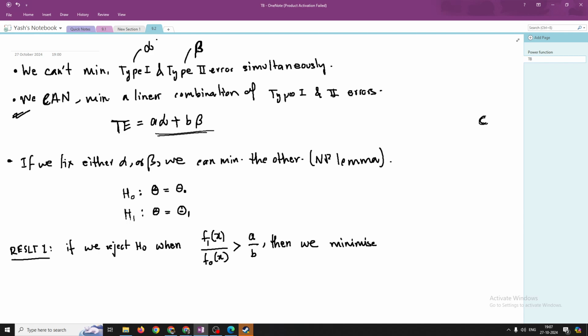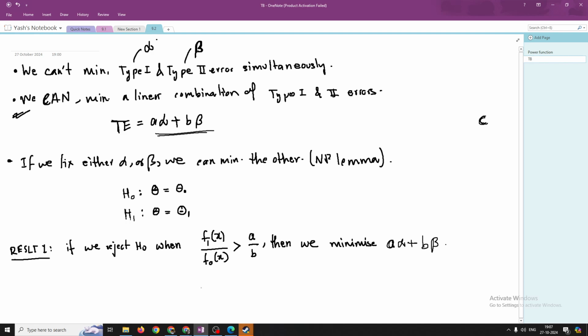So result 1 says that if we reject our h naught when f1 of x divided by f naught of x is greater than a by b, then we minimize this thing: some constant a times our type 1 error plus some constant b times our type 2 error.